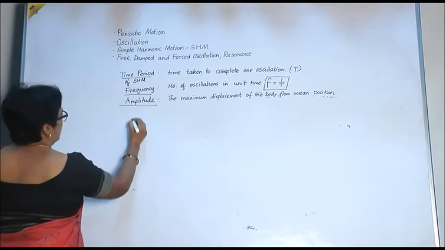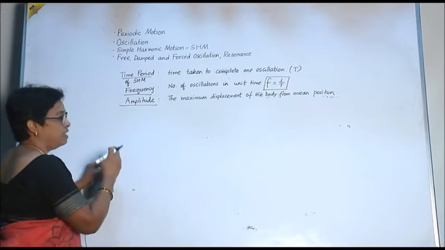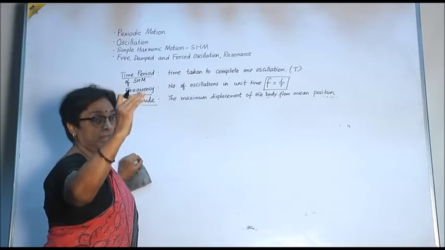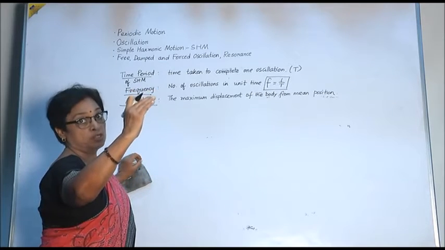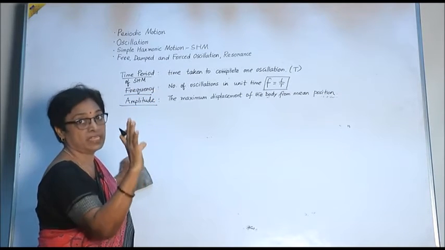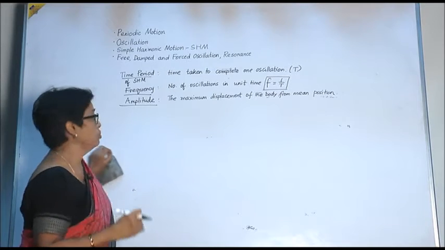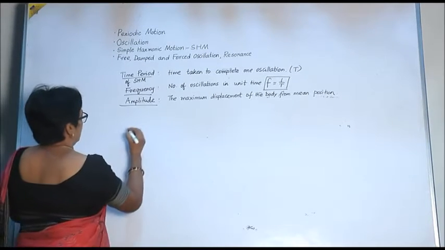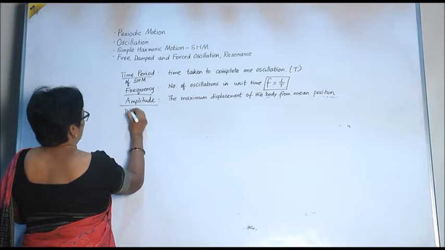In the case of the simple pendulum, I showed you that it moves from B to A, again it goes to a maximum at A. So the distance from B to A is its amplitude, the maximum displacement.